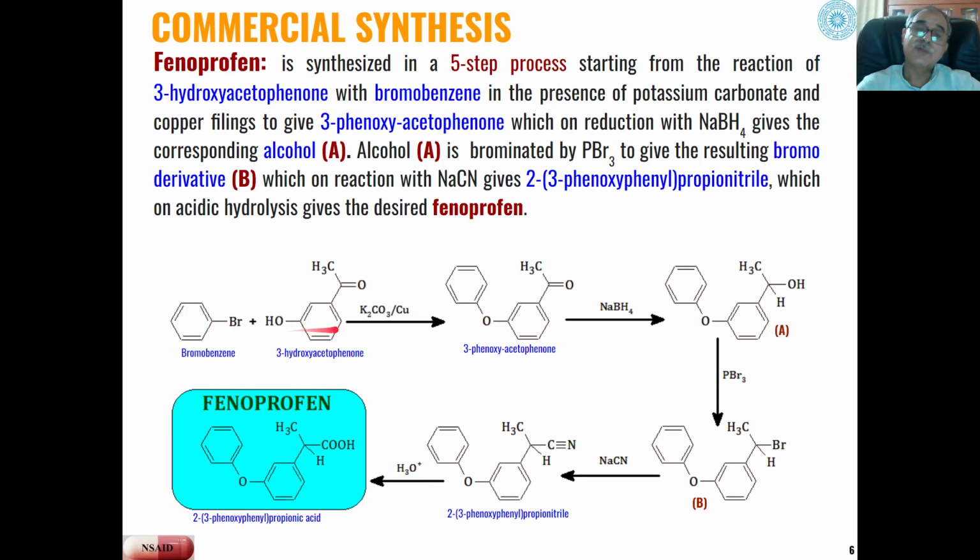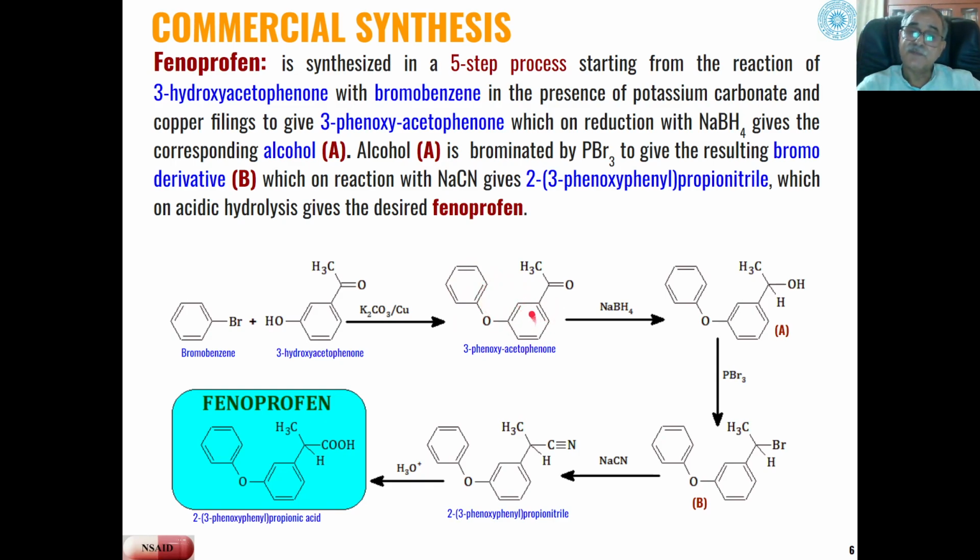When these two reactants are reacted with copper metal in presence of potassium carbonate base, basically H from here and Br from here will be removed, and we will get 3-phenoxyacetophenone as a derivative. So this diaryl ether derivative is formed.